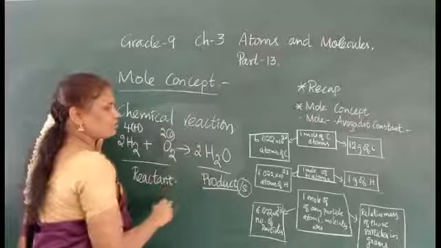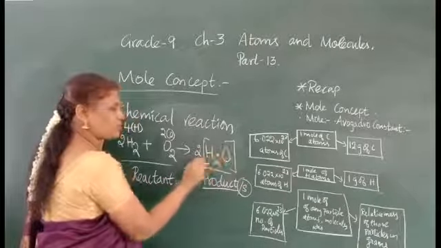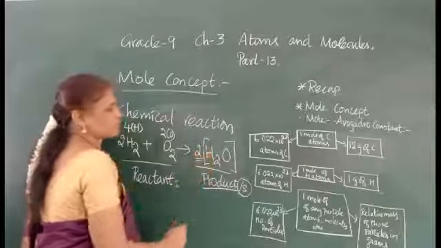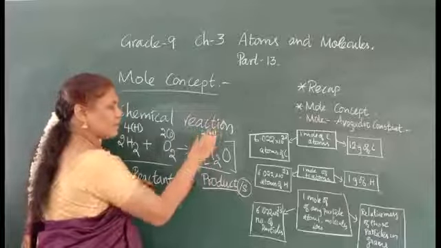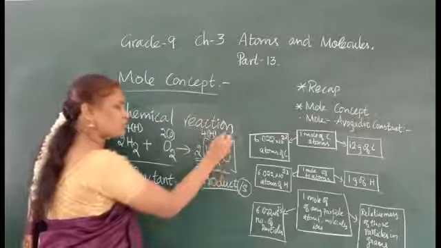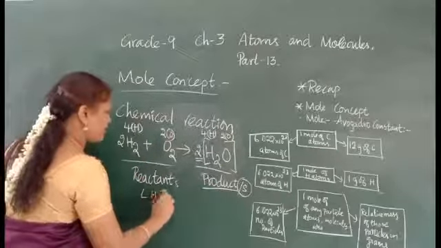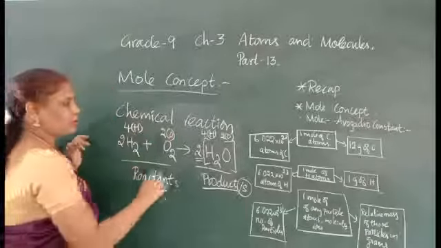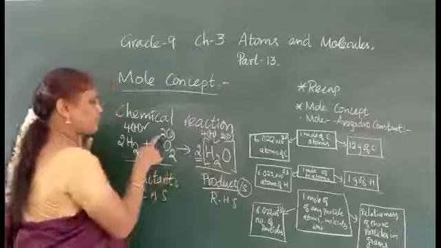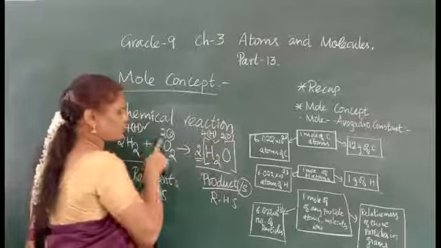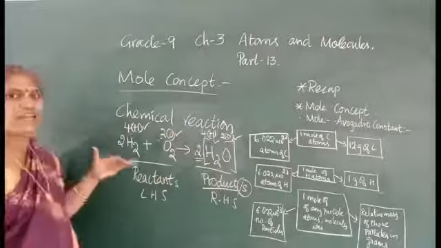A number put before a molecule is common for all its atoms. On the left hand side hydrogen is 4, and on the right hand side also 4. Oxygen on the left hand side is 2, and on the right hand side also 2. So both sides are balanced.